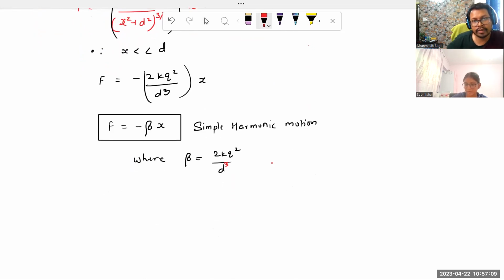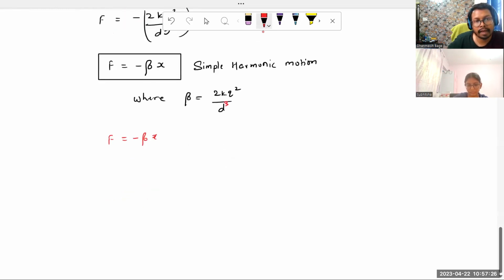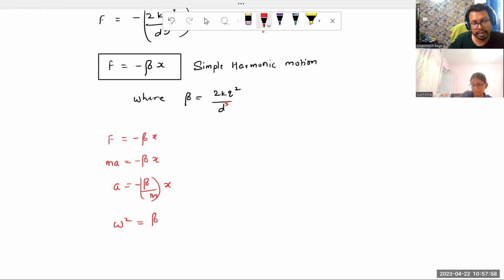Now you know that F can be written as minus beta x, and m a, so minus beta x, a is equal to minus beta by m x, and this thing is called omega square, which is equal to beta by m.